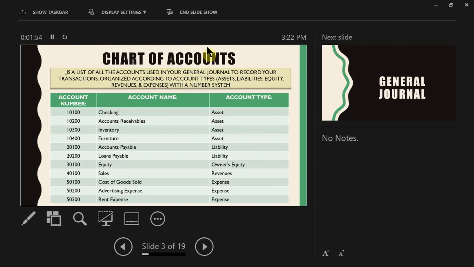Now, how the chart of accounts is organized is based on account type. The reason I say that is because it's never going to be organized based on the account number, because you don't have to use an account number. It's not necessary. If you can memorize like 1,000 accounts without even referring to the list, then you know you're in good hands, right?